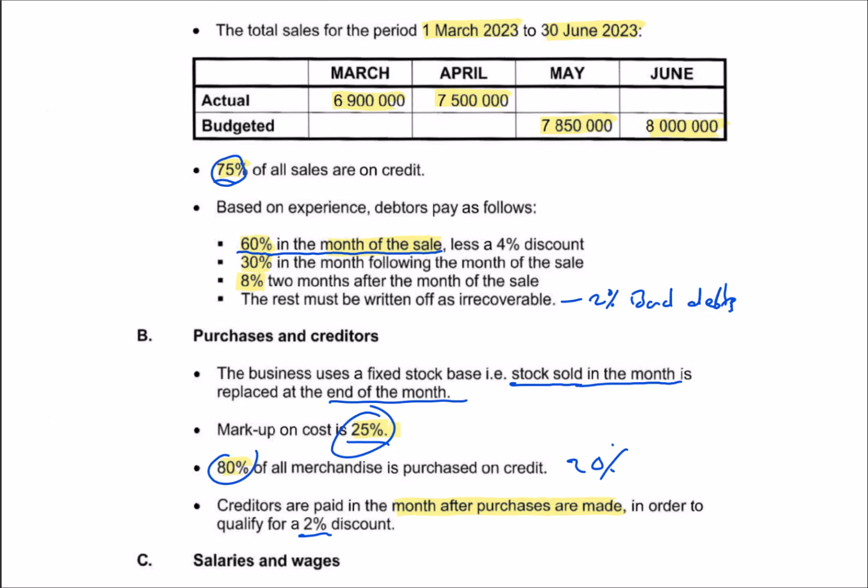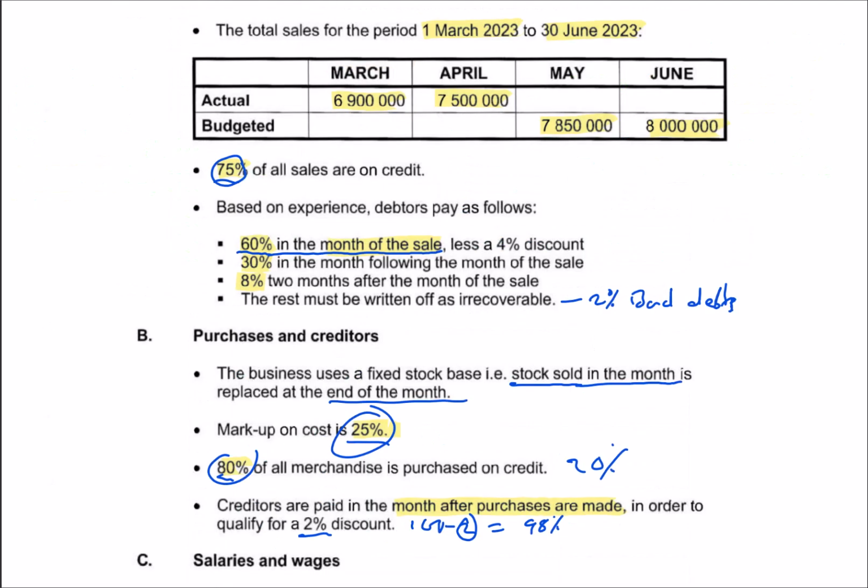That means they qualify for the 2%. Hence we're using 100 minus 2, which is equal to 98%. Out of the total purchases, we calculate the 80%, then from that 80%, we deduct the 2% for the discount.